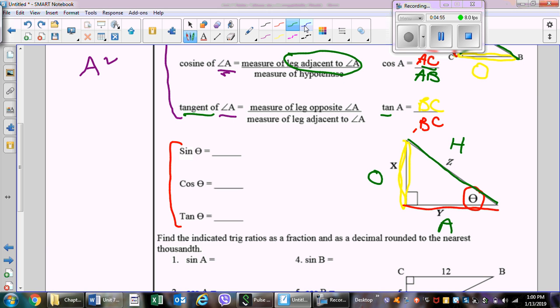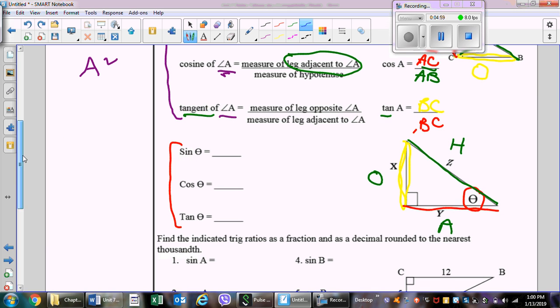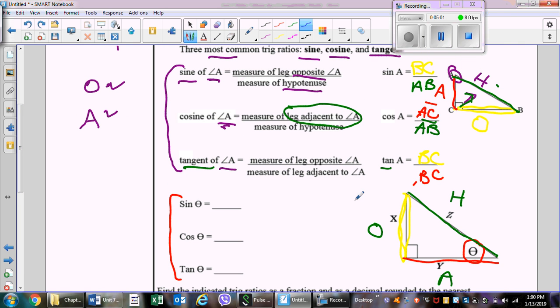Okay, so when the question is asking you what is sine, sine is opposite over hypotenuse, O over H, which is going to be X over Z. Cos is adjacent over hypotenuse.